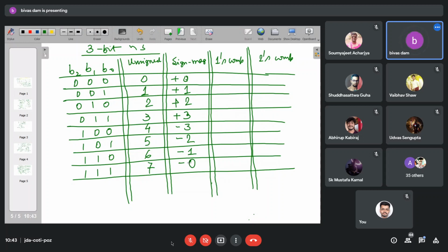But in sign magnitude, the first bit represents the sign and the next bits represent the magnitude directly, right sir? Yes, you are right. What I told you was for the 1's complement. Thank you.